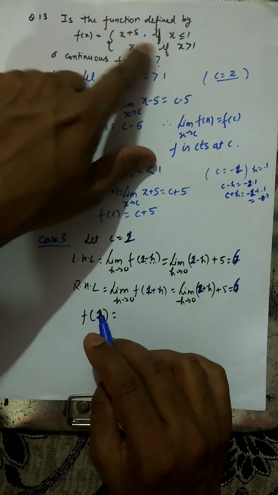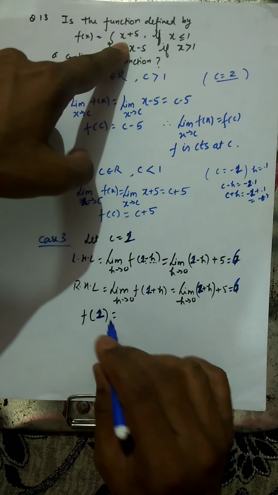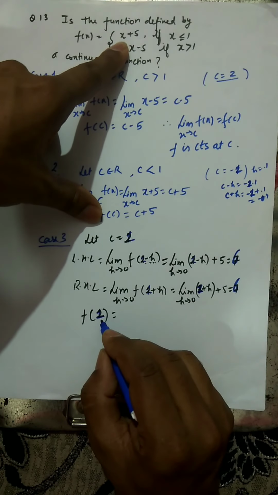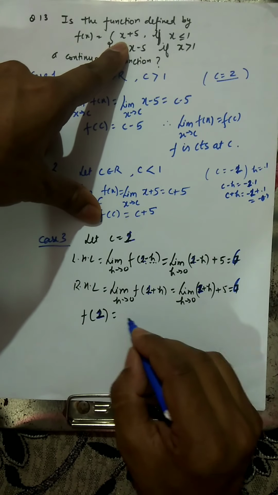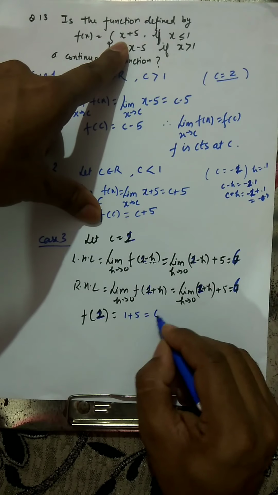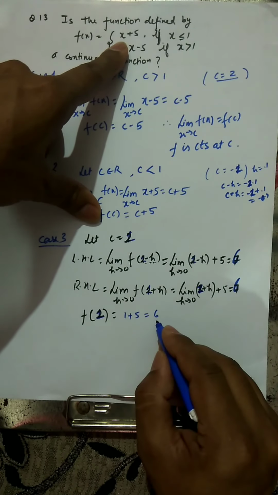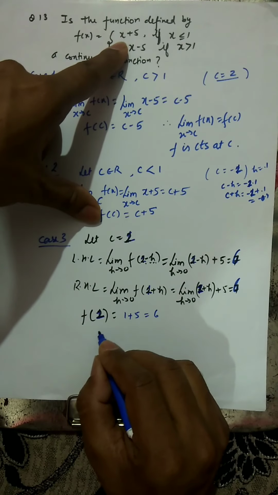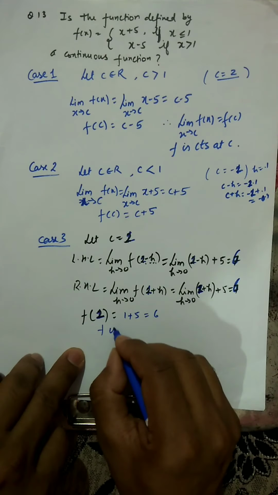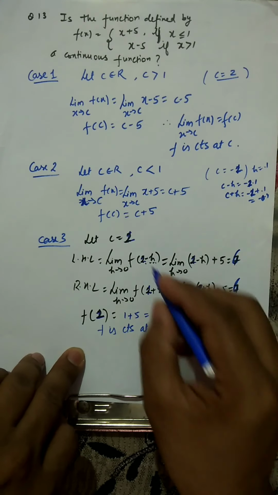When x equals 1, even in that case f(x) is x plus 5. Here when I'm taking 1, it means that I'm taking x equal to 1 exactly. So this is 1 plus 5, so it is 6 again. So you can see that the limit's value and the function value at this point are the same. So we say that f is continuous at c equal to 1.